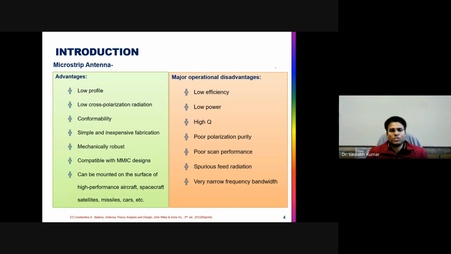The microstrip antenna itself has some advantages over other antennas. It is low profile; the third dimension is very small compared to three-dimensional antennas.